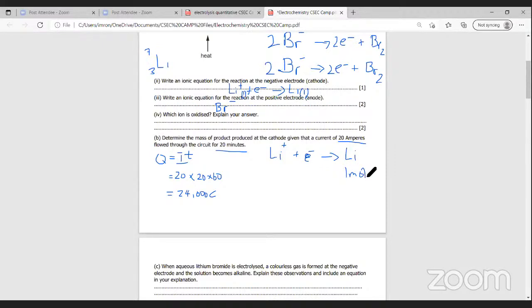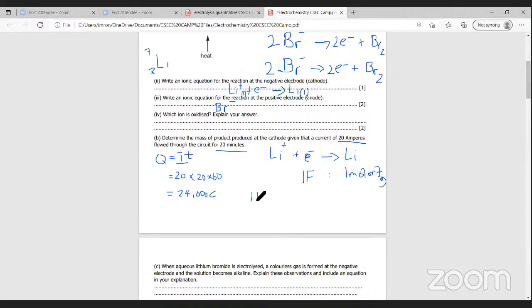So 1 mole of lithium is going to weigh 7 grams. And this is, of course, charge.